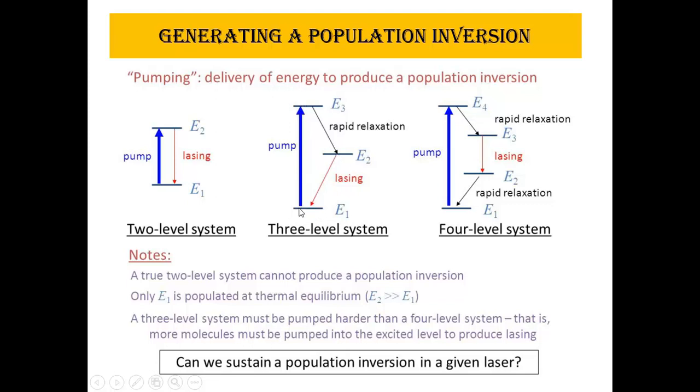We have to provide the external energy so that the electrons should not populate this point, but should be directly pumped to the excited state, and the population of the E2 level, or here the E3 level, can be enhanced. Is that okay? So a three level laser must be pumped harder than a four level system, and that means more molecules must be pumped into the excited level to produce the lasing. Is that okay?